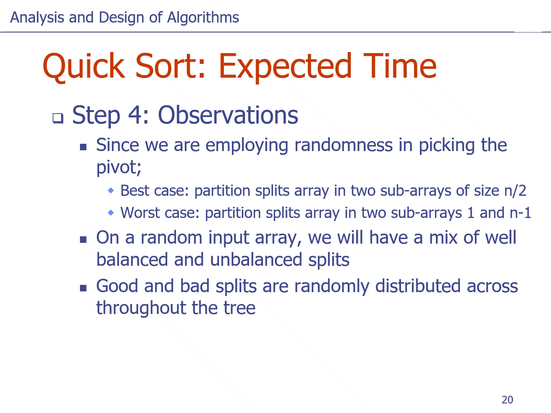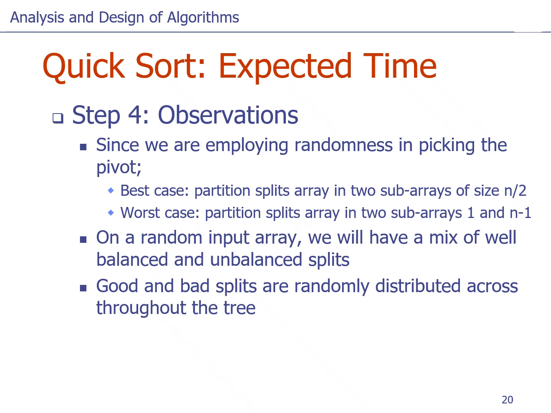So the L will be 0 in terms of the number of values in the L subset or the L subarray, and G will have all the other values in the array. Or the reverse: G will be 0, there will be nothing there, and L will have all the other values in the array. And that will happen if you pick the minimum number in the array, the smallest value, or the largest number in the array.